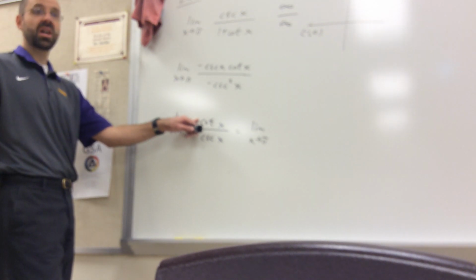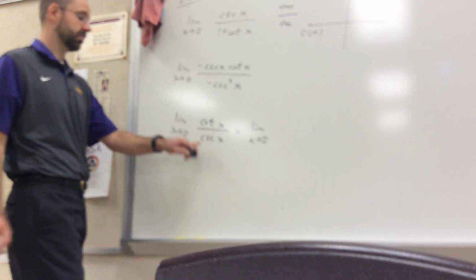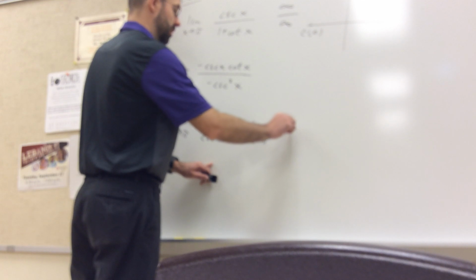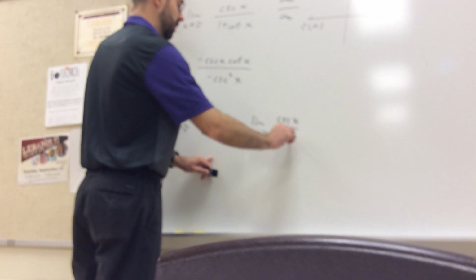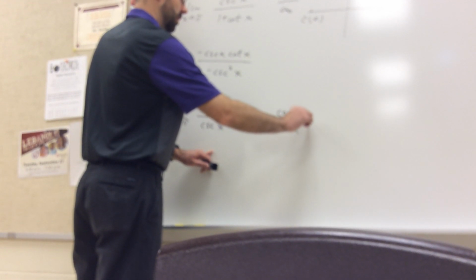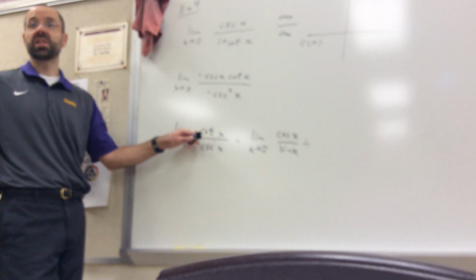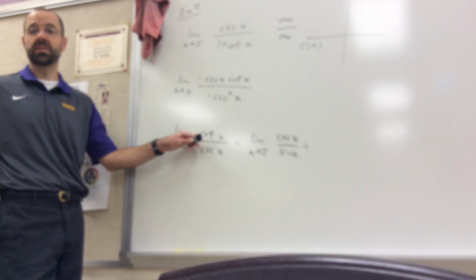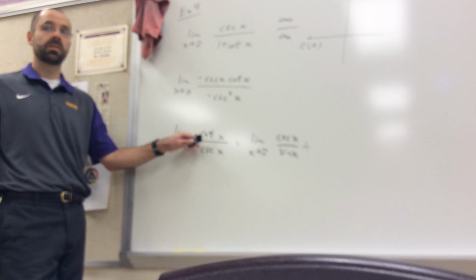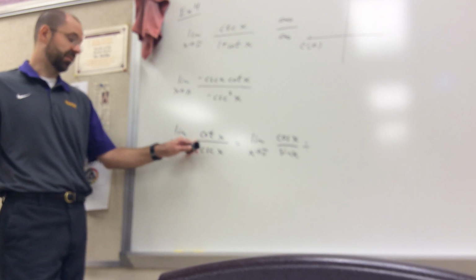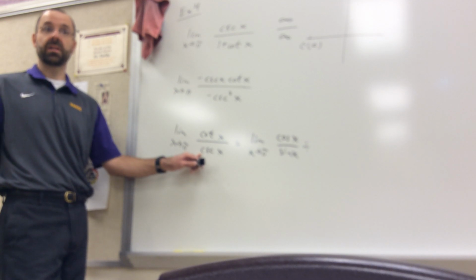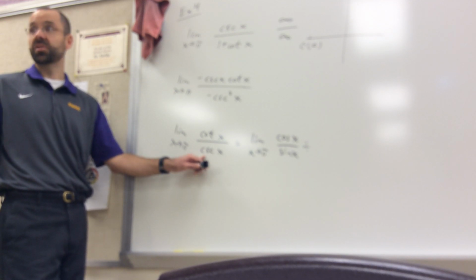Cotangent is cosine over sine. So I just rewrote cotangent in a different way. It's cosine over sine. And then I'm dividing by cosecant, right? And cosecant is 1 over sine.